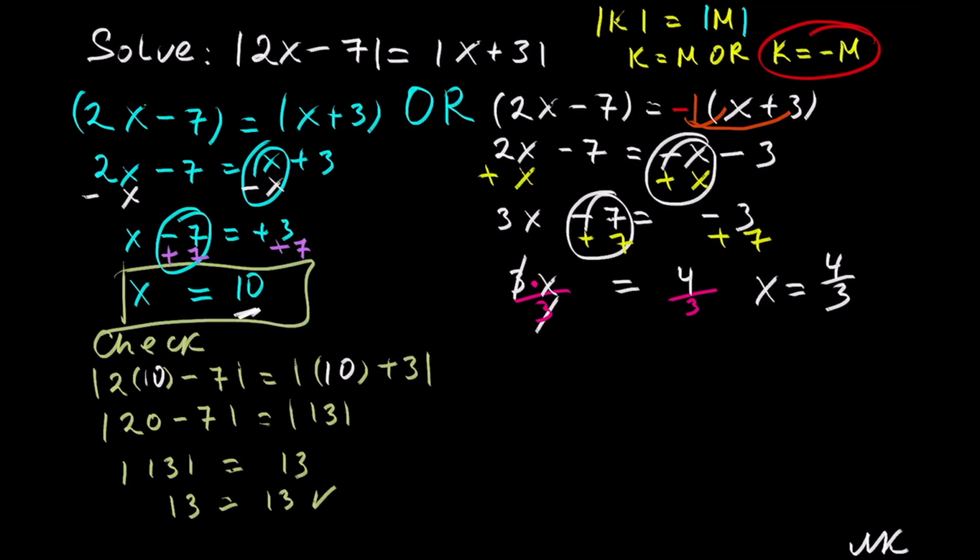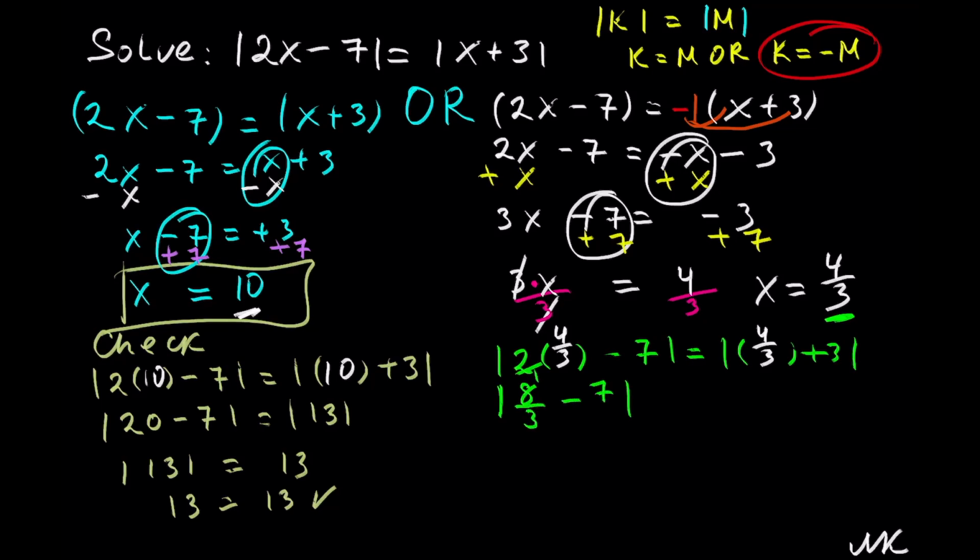Let's plug in x equals 4 out of 3 into absolute value of 2 times x minus 7 equals absolute value of x plus 3. And instead of x, we plug in 4 out of 3. So we get absolute value of 2 times 4 out of 3. 2 is out of 1, so we have 2 times 4, which is 8 out of 3, minus 7, close the absolute value, equals absolute value of 4 out of 3 plus 3.